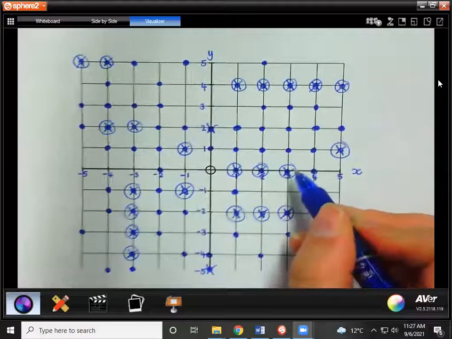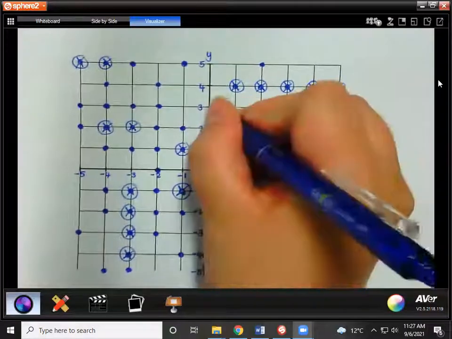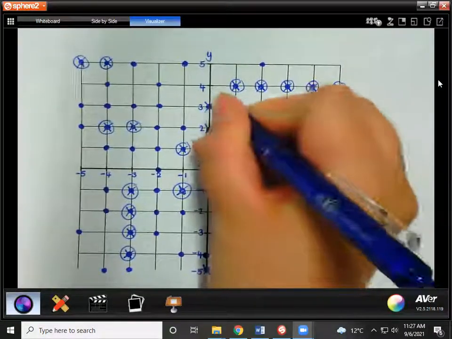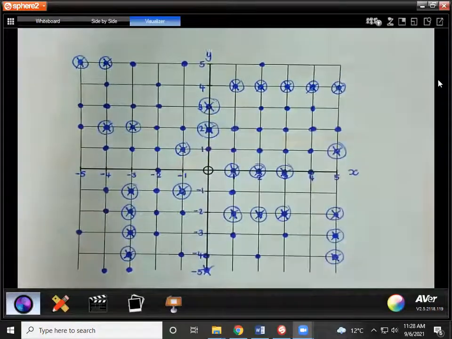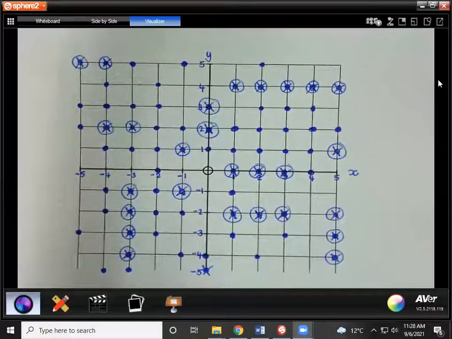Do you mean the other way around? 0, 3, that is a hit. And that is my destroyer, my 2.1.